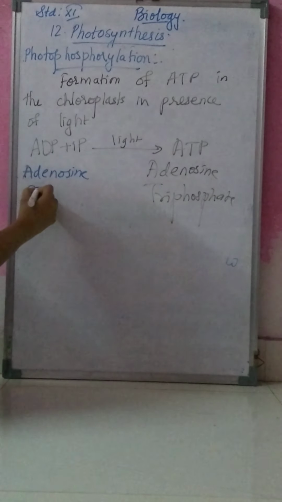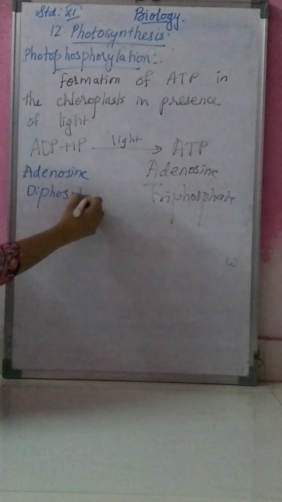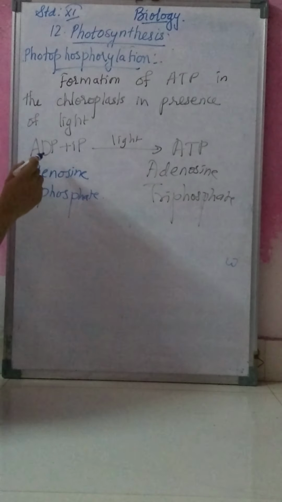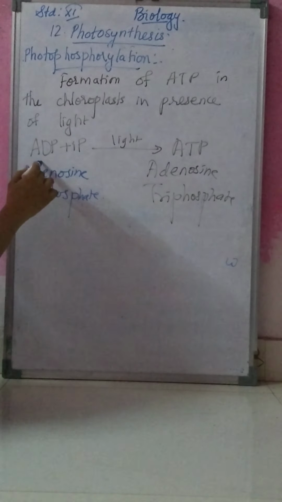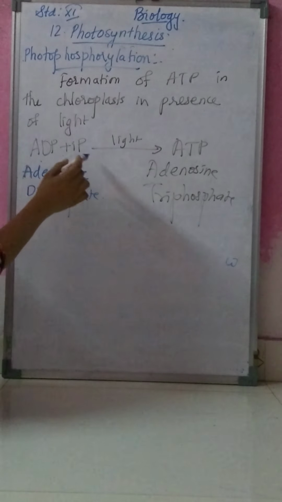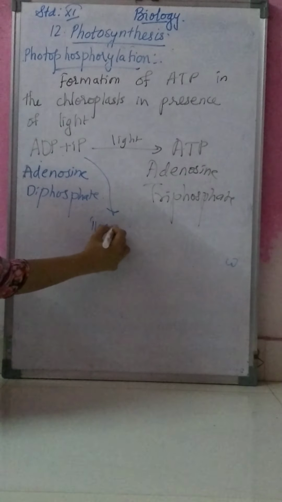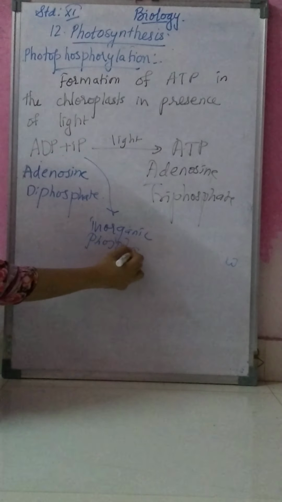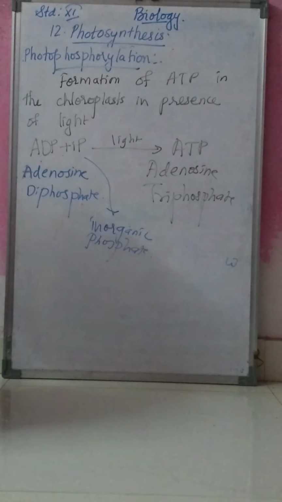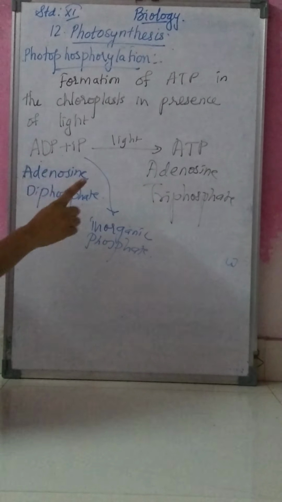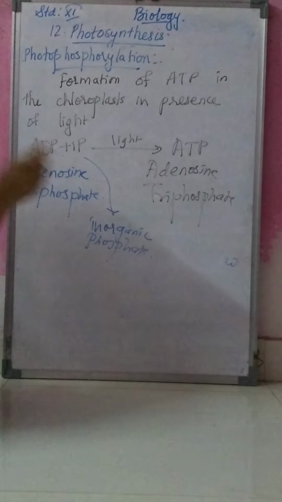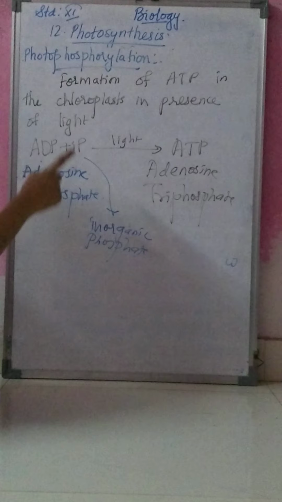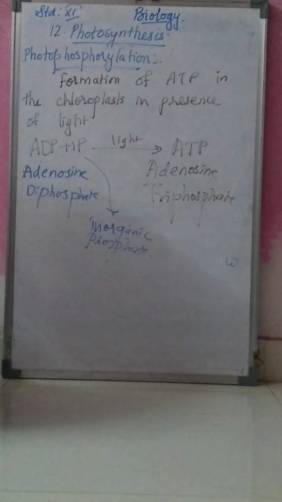So formation of ATP from ADP, that is adenosine diphosphate, and IP, that is inorganic phosphate.